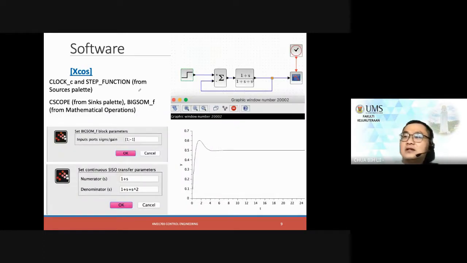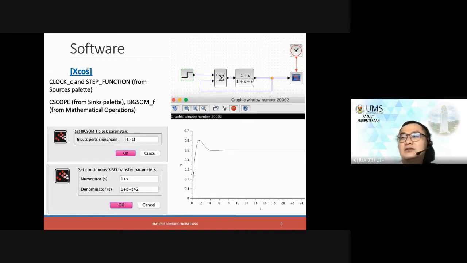Again, this is how, let's say, I'm using a step input or step function over here. What you can do is practice later on. After you install, quickly run it or play around before you work on the assignment.